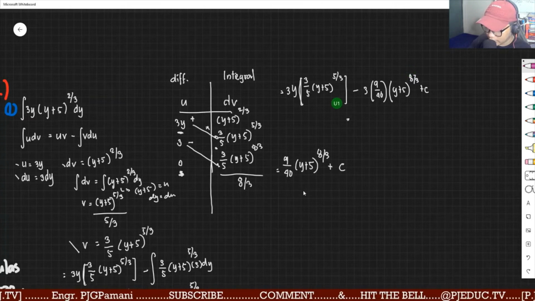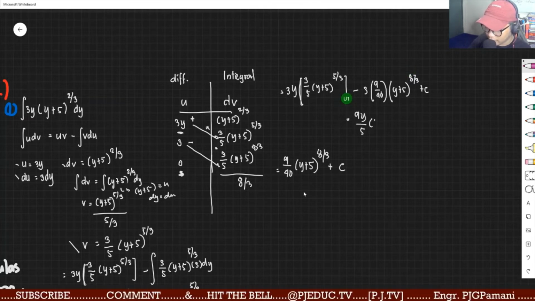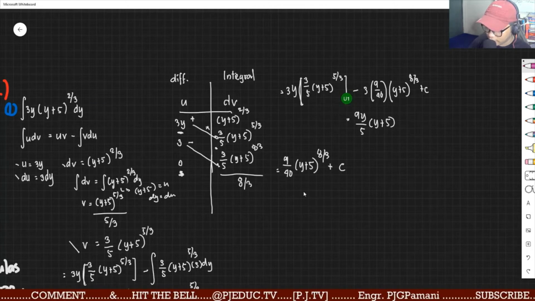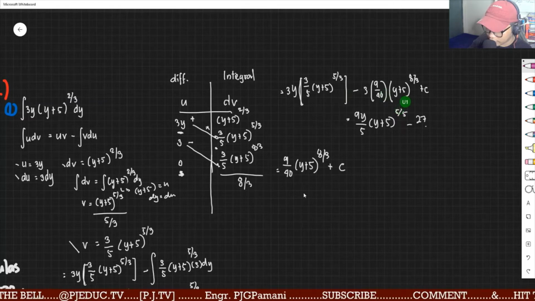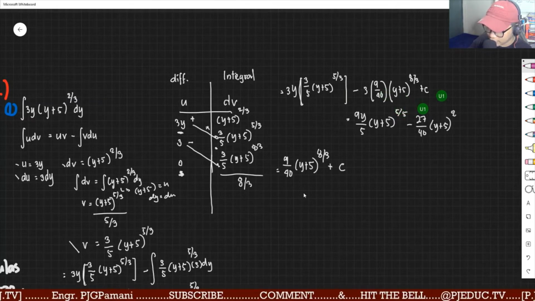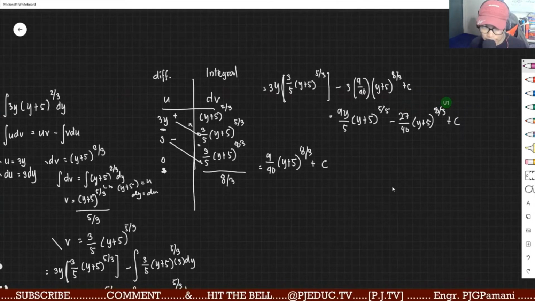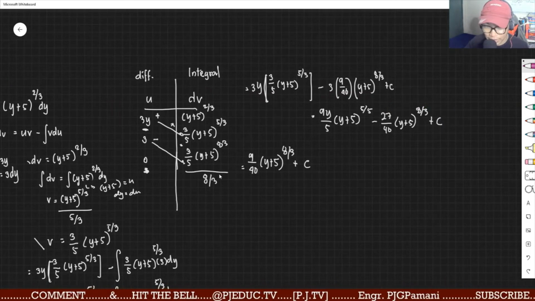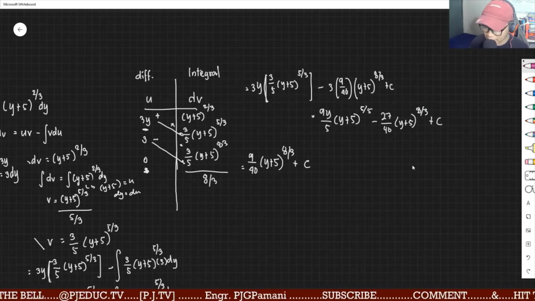Simplify. You now have 9y over 5 times (y plus 5) raised to 5/3 minus 27 over 40 times (y plus 5) raised to 8/3 and your integration constant. Don't multiply 3 to the integration constant. That is simply c.